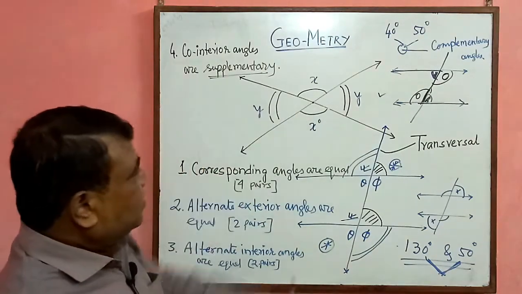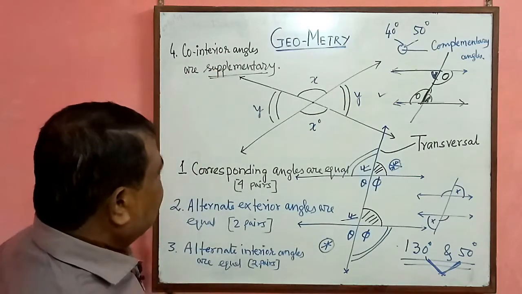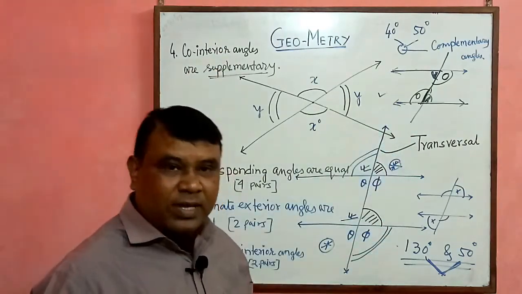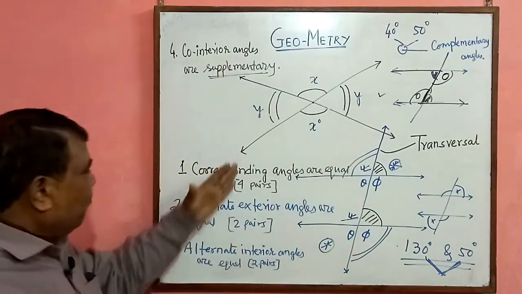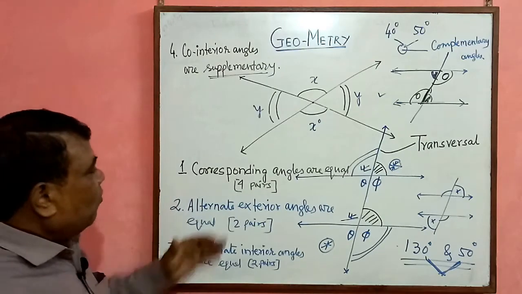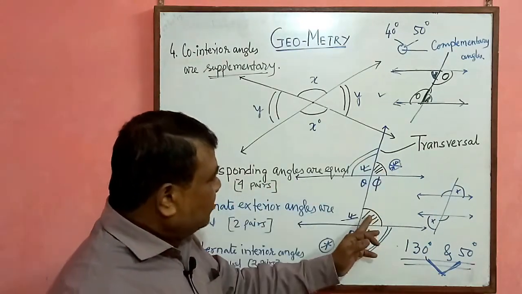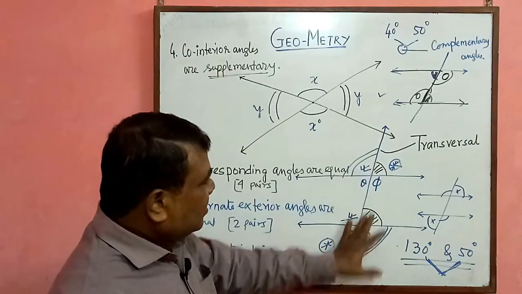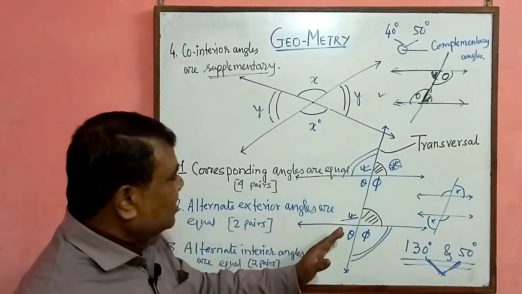Let me explain these 4 properties of parallel lines when we put a transversal on parallel lines. So we have 4 identities or 4 properties. Here corresponding angles are equal, 4 pairs. Then we have come to know about alternate exterior angles.